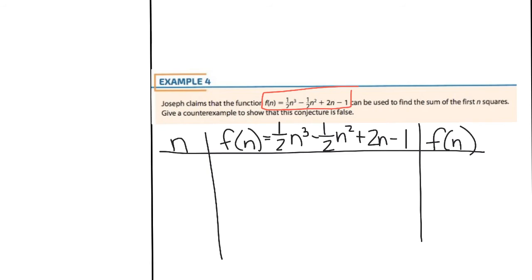All right, so what it's saying is that if we plug n in, if we chose 1 as the variable, we could plug that in right here and it would be 1/2 of 1 cubed minus 1/2 of 1 squared plus 2 times 1 minus 1.